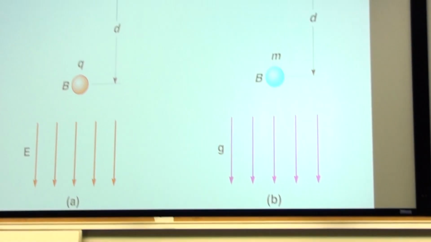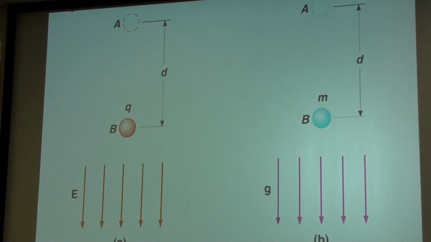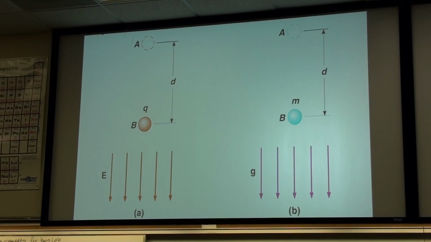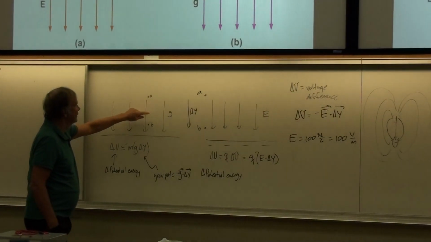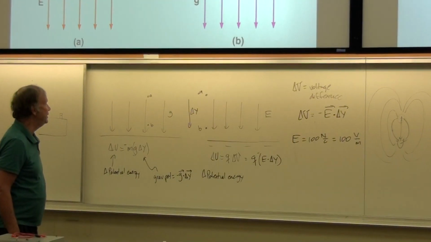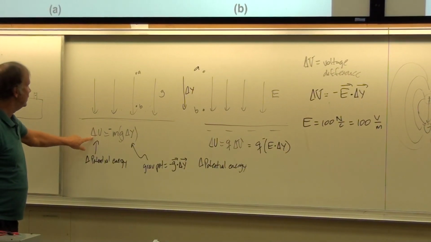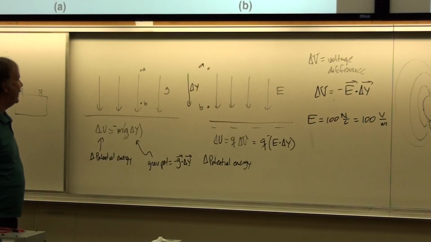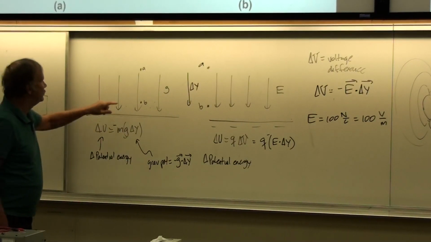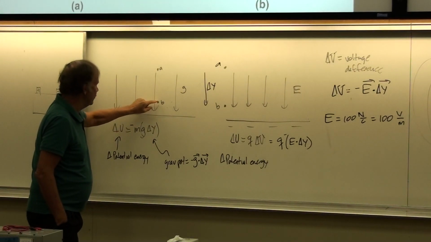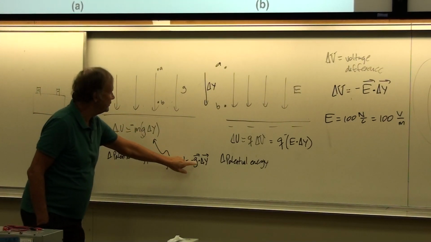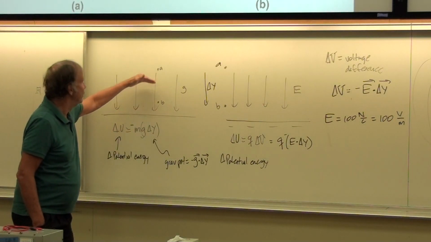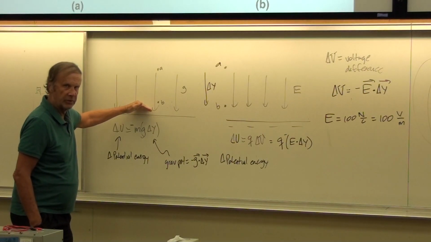And so to try to tie this in with things that we already have a little bit of an understanding of, let's say that we had a gravitational field and we wanted to move an object from A to B. We could say that the change in potential energy is equal to mg times delta y. If g and delta y are in the same direction, then we would get a negative sign here because you'd have a drop in potential energy if you go from higher potential to lower potential.